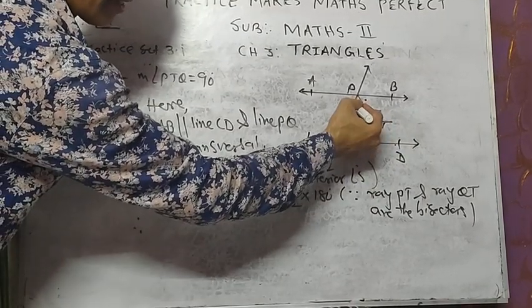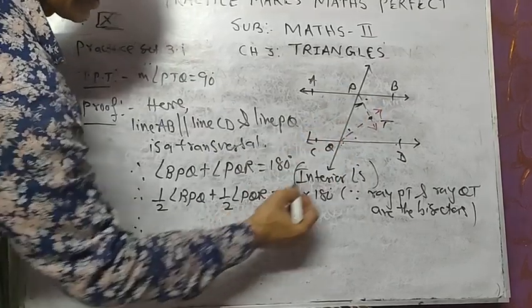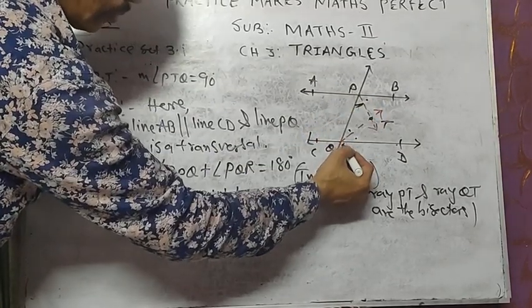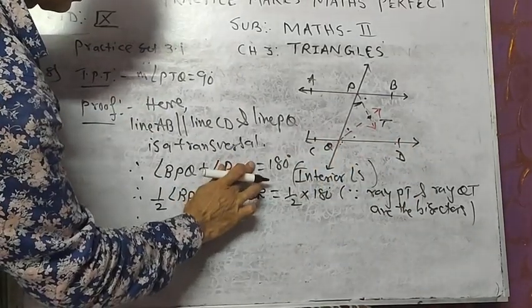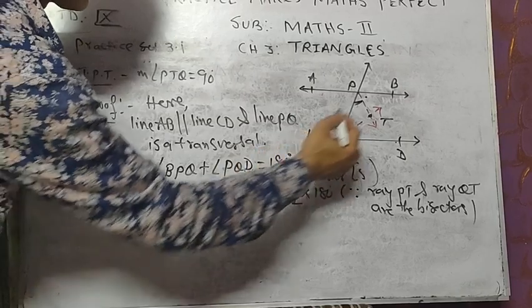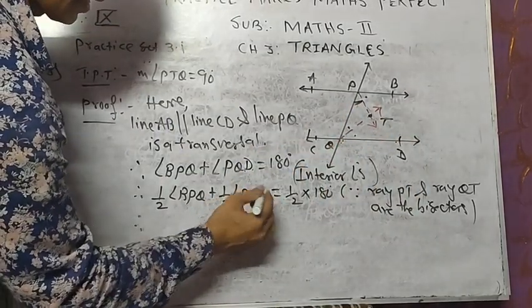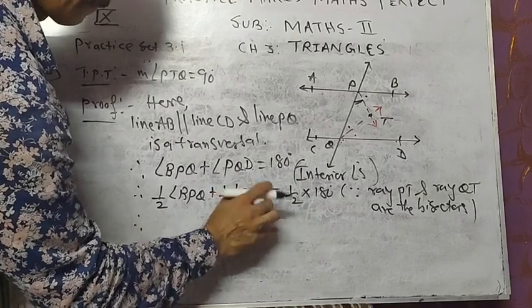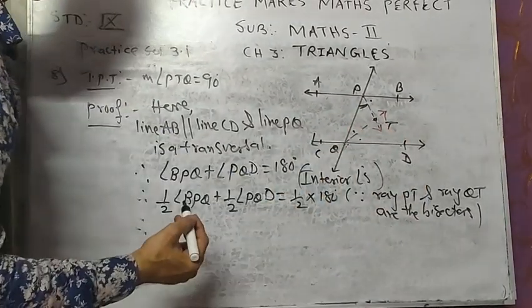half of angle BPQ we will select this. Okay, and half of angle PQD, sorry, it is not R, it is D, PQD. Right?